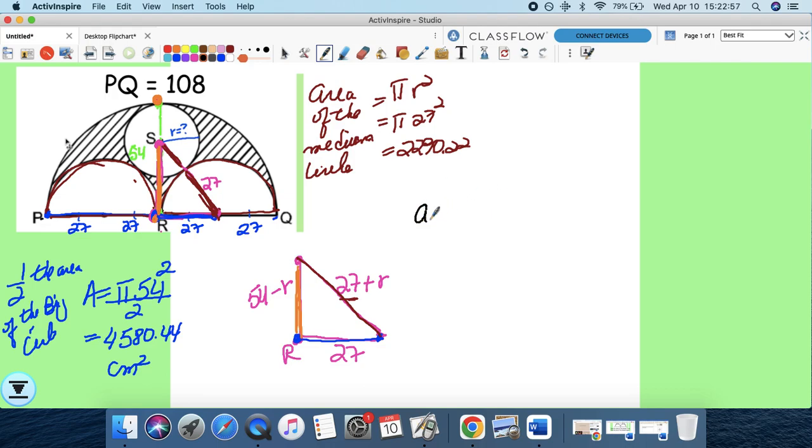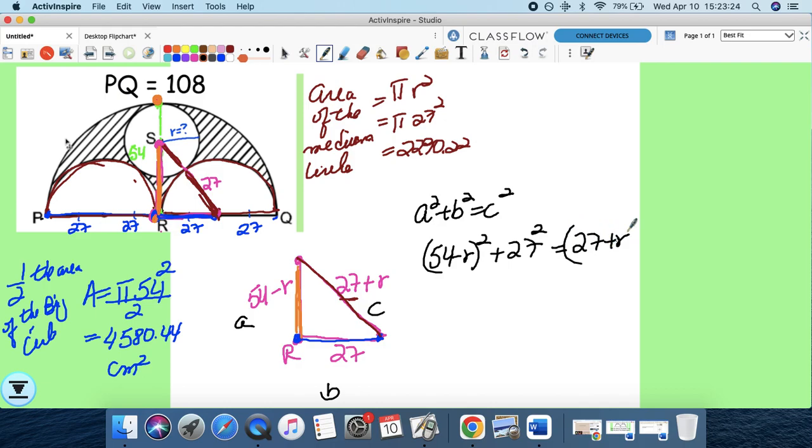So a squared plus b squared equals c squared. Let's call this a, let's call this b, and let's call this c. So (54 minus r) to the second power plus 27 squared equals c squared, which is (27 plus r) to the second power.